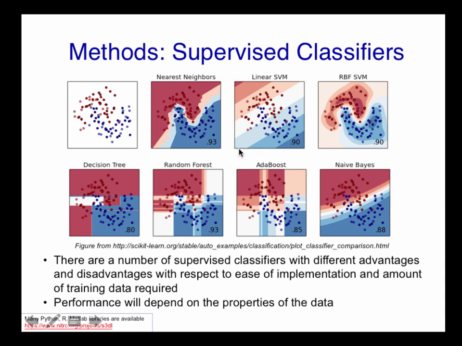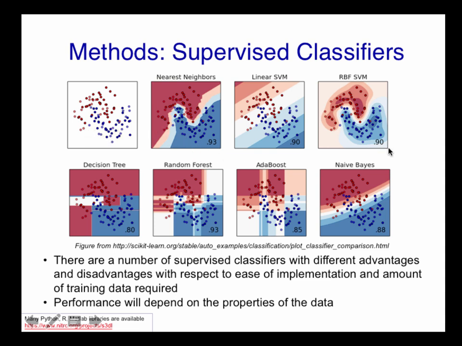So here's an example of several different classifiers. I'm not going to go through them in detail, but this is sort of a visualization of the same type of idea, where you have training data, which are in dark red here and dark blue, and then you have points that you're trying to classify, which are in orange or light blue.